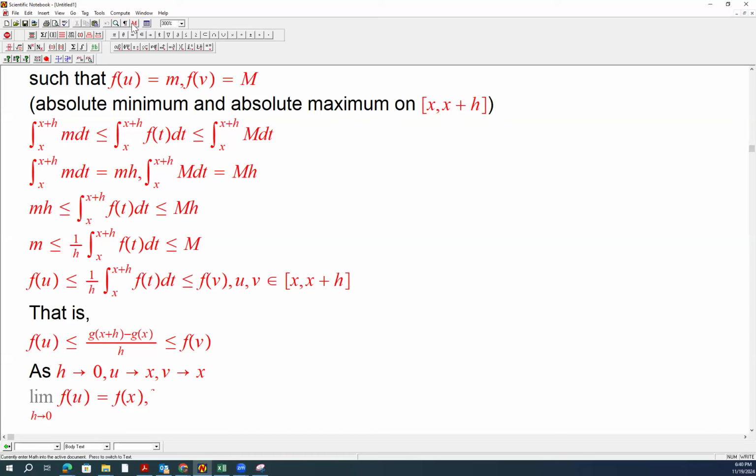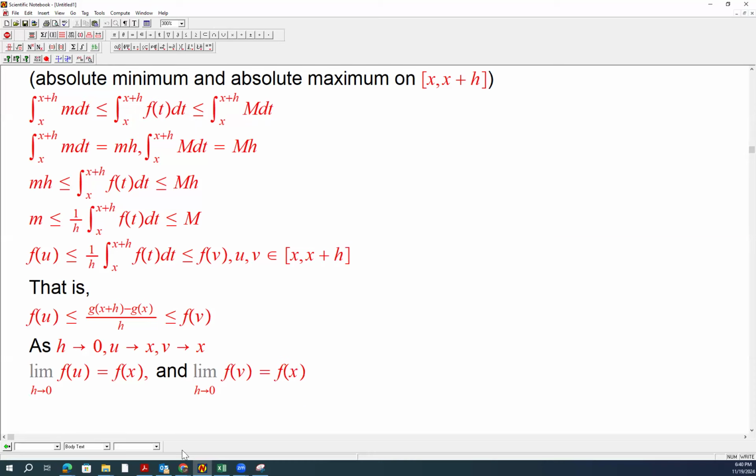And as h approaches 0, f of v is also going to be approaching f of x. So this form is squeezed in between.